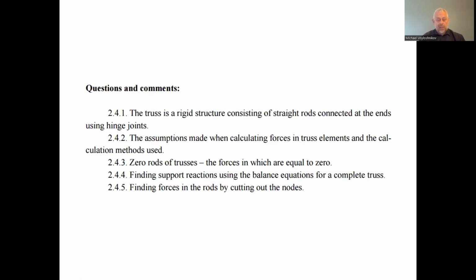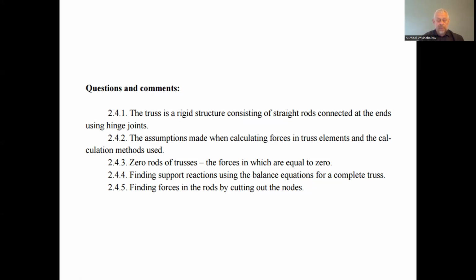If we have 3 rods of the truss connected in one node, in one hinge, and 2 of the rods lie on the same straight line, then the third rod, the rest one, is a zero rod.